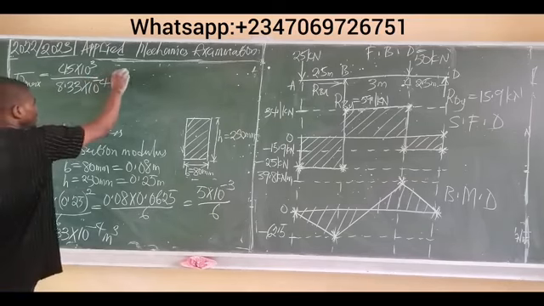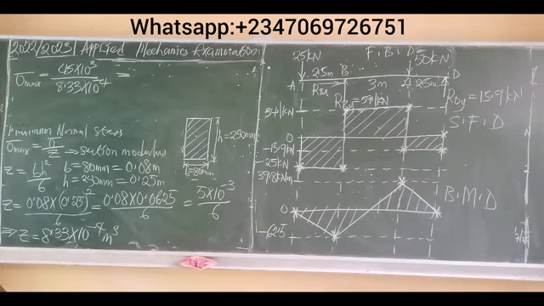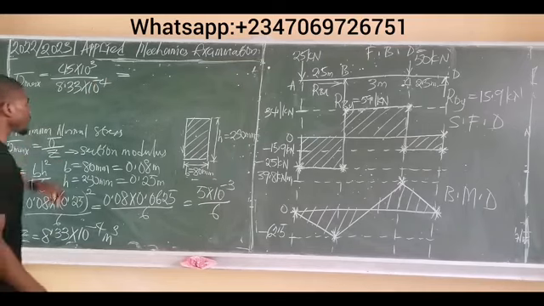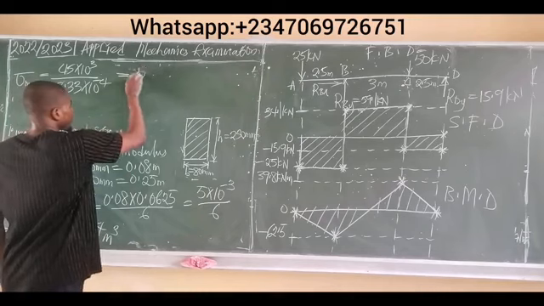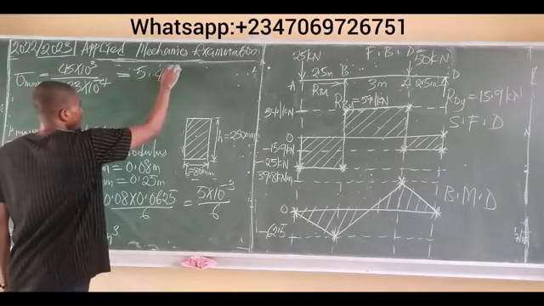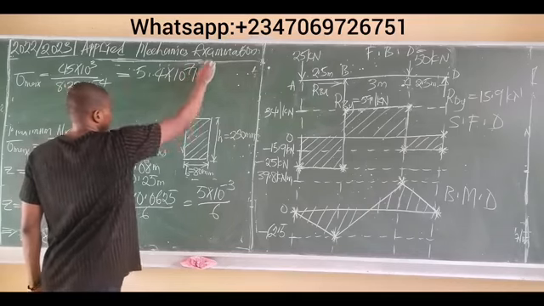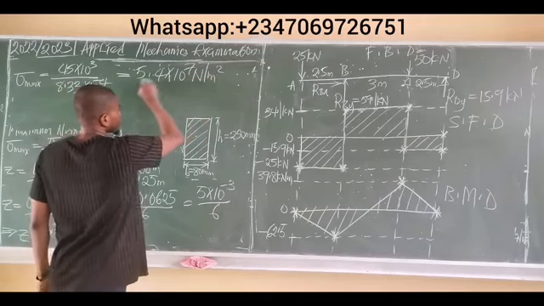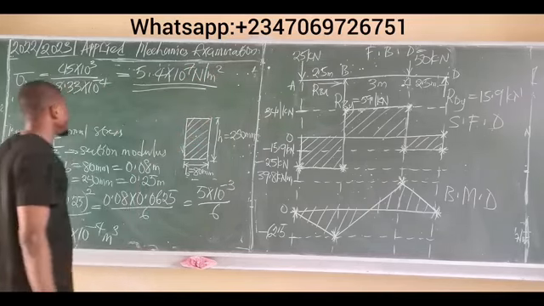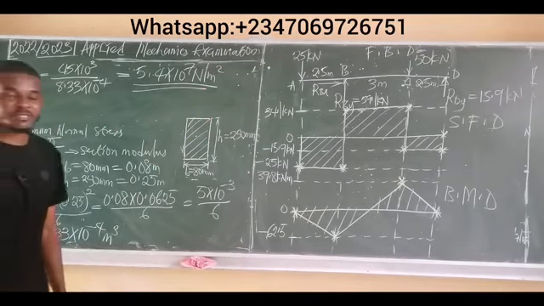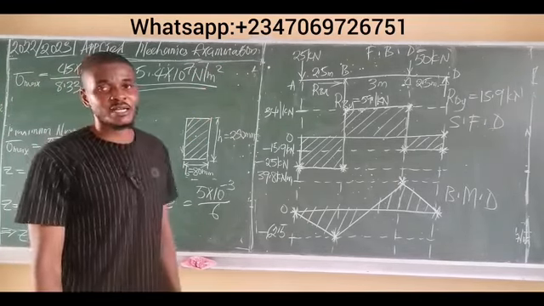If you carry out this division, 45,000 divided by 8.33 by 10 to the power of minus 4, you are going to have 5.4 by 10 to the power of 7 newtons per meter squared. So this simply becomes the answer for the maximum stress due to that normal stress.